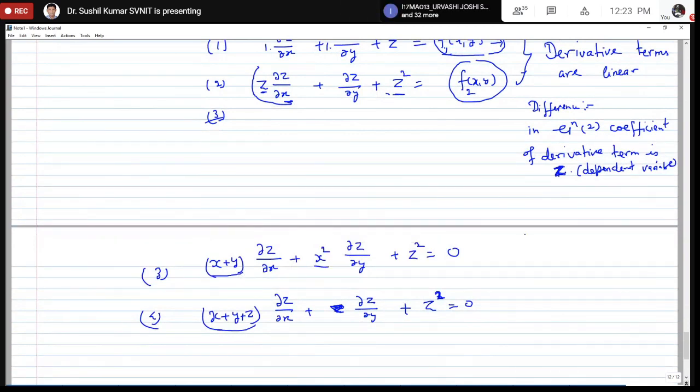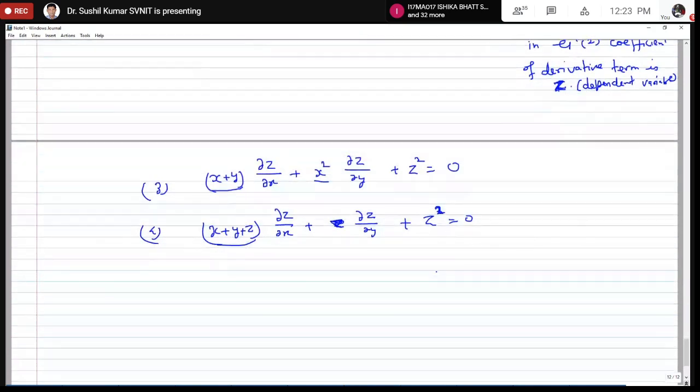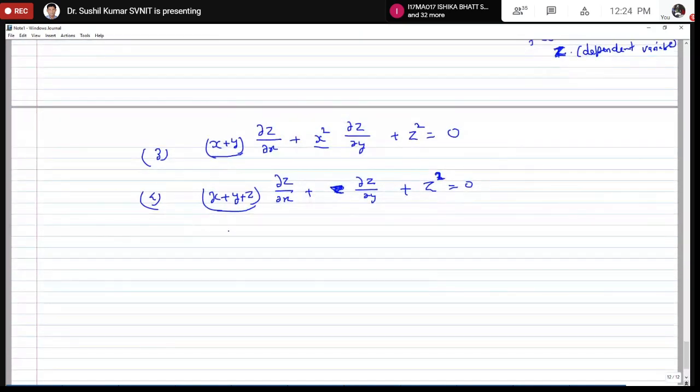So equations 1 and 3 are semi-linear, 2 and 4 are quasi-linear. Now I define the semi-linear and quasi-linear equation. First I'll define it for order 1, and then I'll extend it for order n.